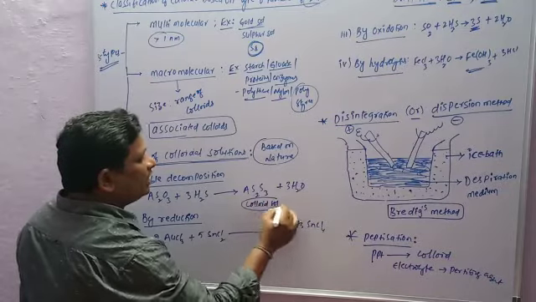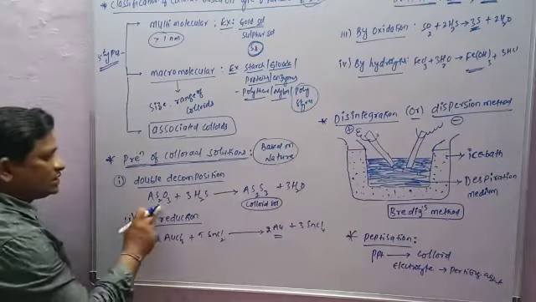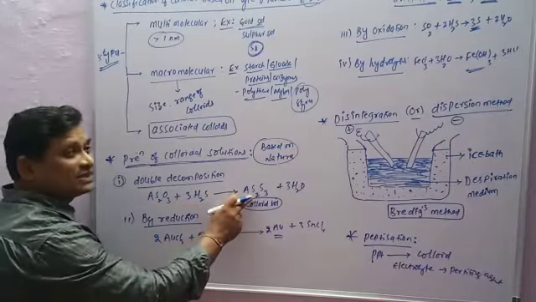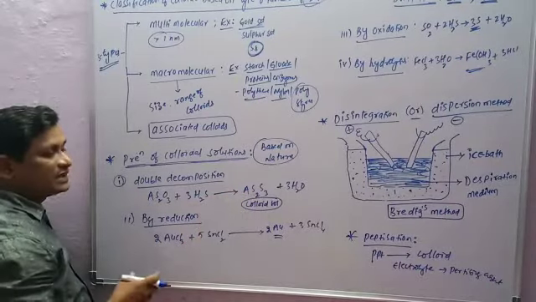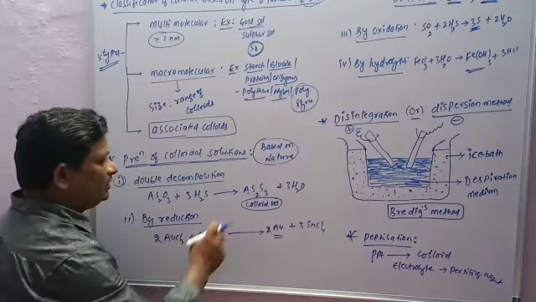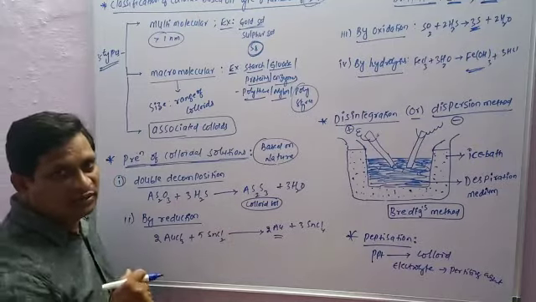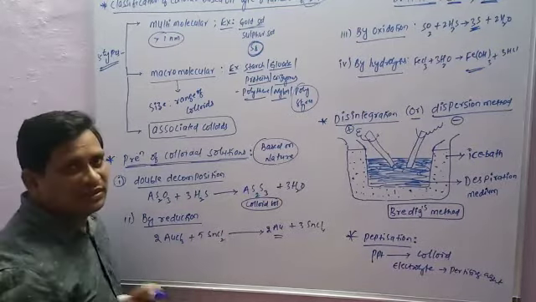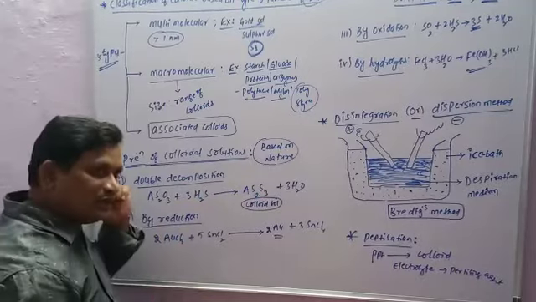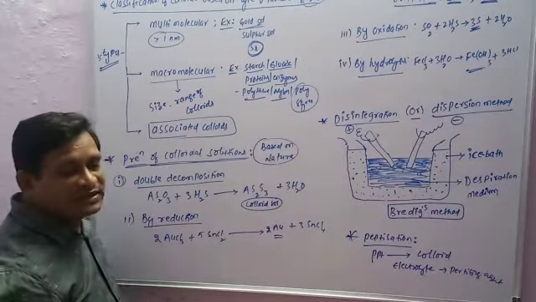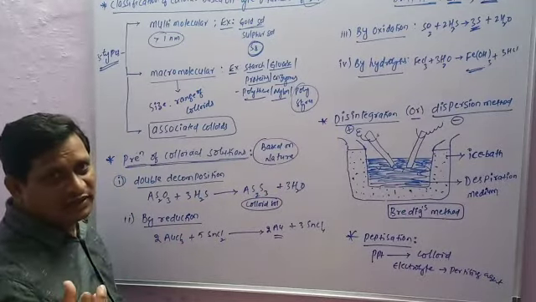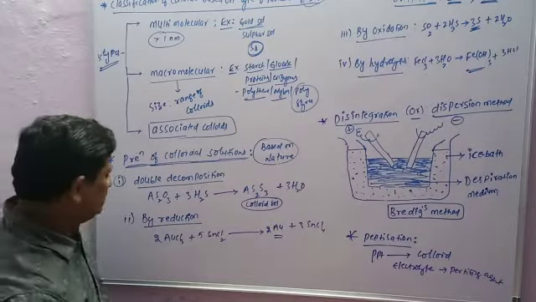Arsenic is a non-metal, so non-metal sulfides are colloidal sols, and also metal hydroxide sols are colloidal sols.